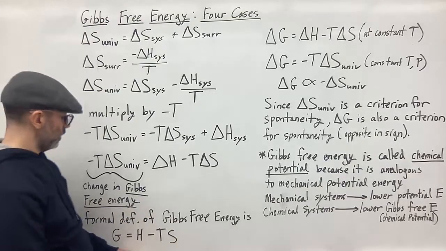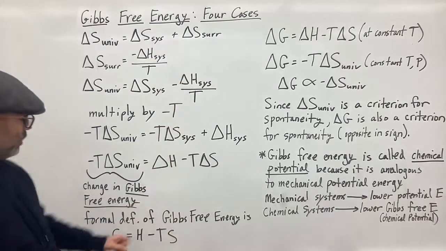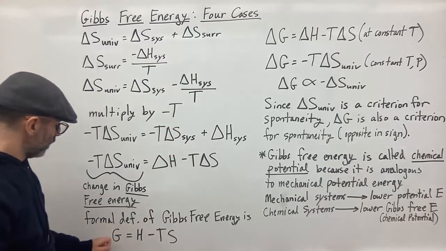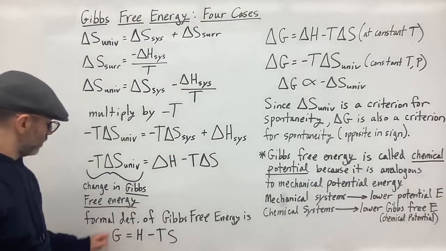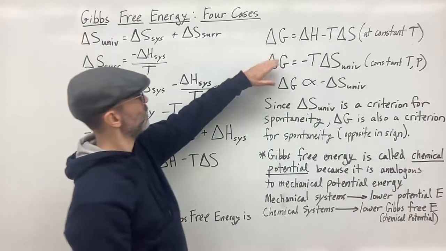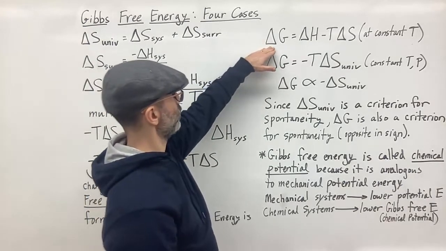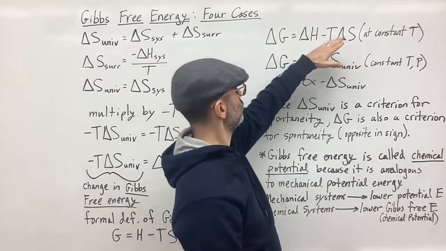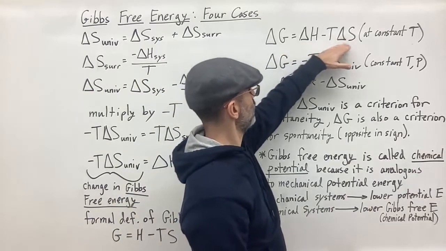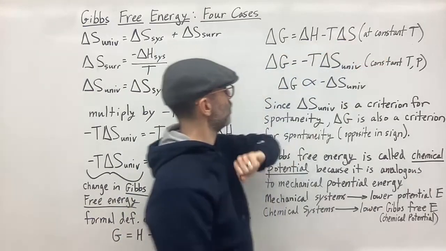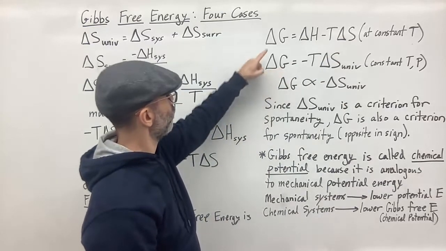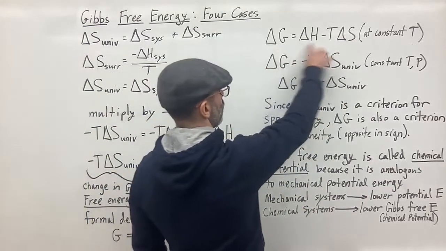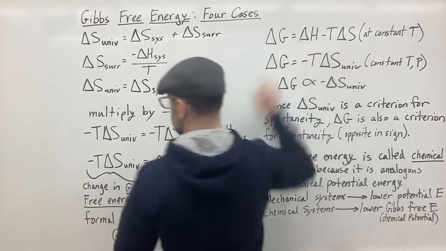If we make this the change in Gibbs free energy, so up here we have the change in Gibbs free energy is equal to delta H minus T delta S at constant temperature. And so therefore, Gibbs free energy is equal to this.